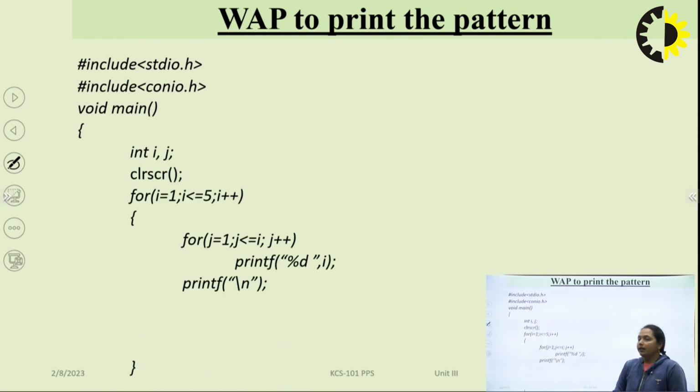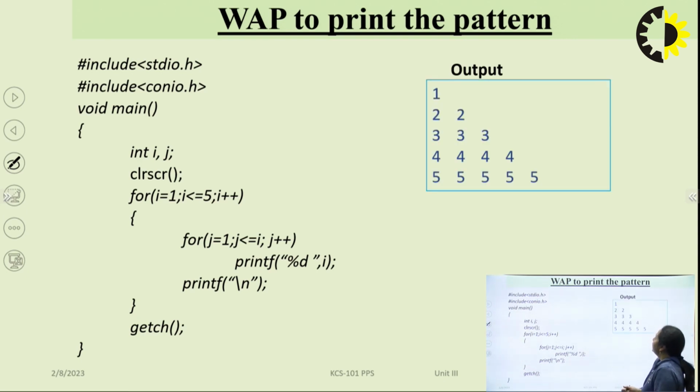So here we can understand the concept of nested for loops with the help of a pattern program. Let us assume I have to print this pattern: 1, then in second row I have to print 2 times 2, then 3, then 4, then 5. So I and j, 2 variables are taken.